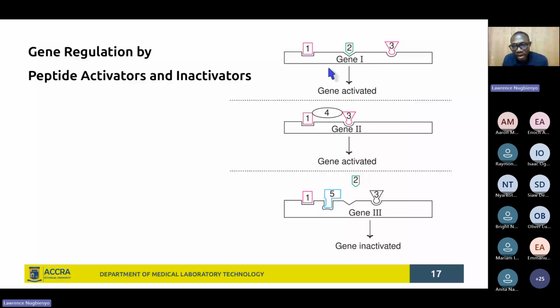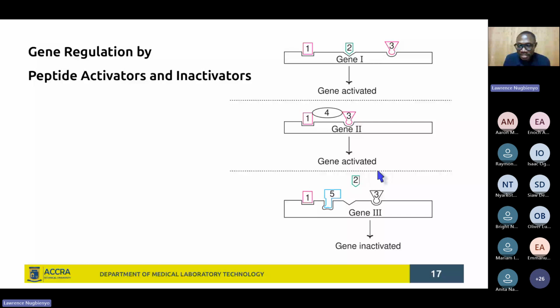And once they bind onto the gene, it results in activation. So they are activators of the gene. Or you can have 3 proteins where 1 and 3 are interacting directly with the gene.